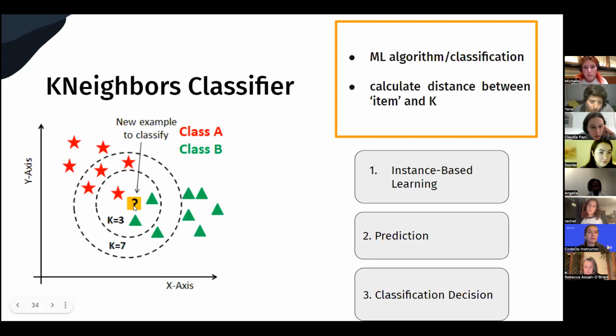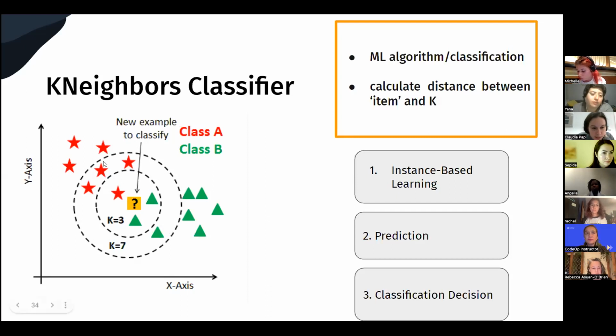If we think of this question mark as the item, the product that we have, for example a Kindle, it looks at what's around it and calculates a distance between the item, this Kindle here, and what's around, so the k neighbors.